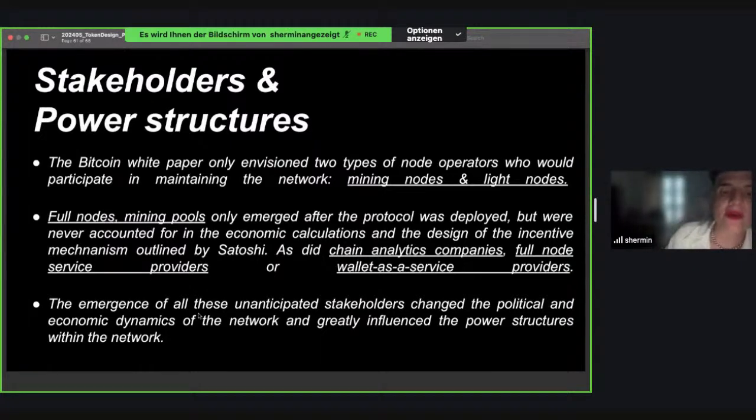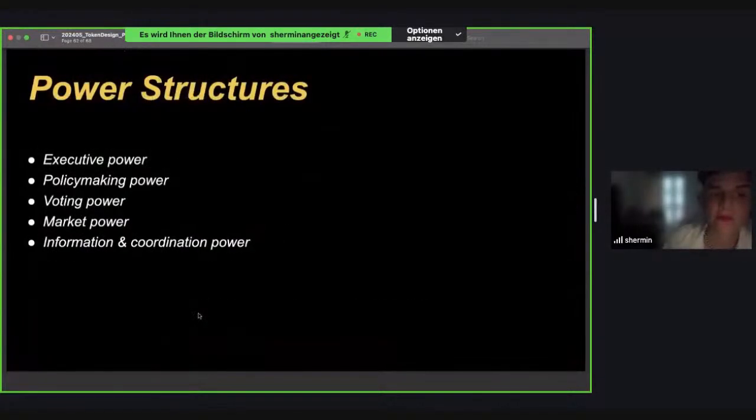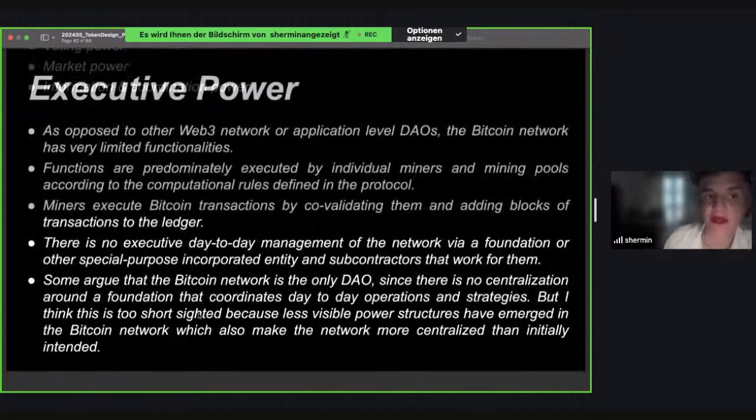So the emergence of all these unanticipated stakeholders, from full node operators, mining pools, chain analytic companies, wallet as a service providers, full node service providers, changed the political and economic dynamics of the network and also greatly influenced the power structures within the network. And when we analyze the power structures, we can look at different levels of power: executive power, policymaking power, voting power, market power, and information and coordination power.